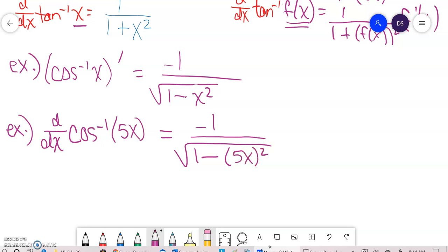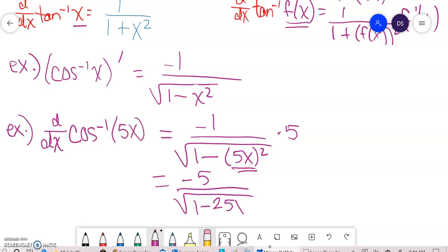Make sure you have parentheses around it. Now times the derivative of that function, which is 5. So we would clean that up a little bit and make it negative 5 over the square root of 1 minus 25x squared, squaring the 5, squaring the x. On the AP exam, if it's a free response, leave the answer like this. You do not need to simplify. Multiple choice, your answers will be simplified.